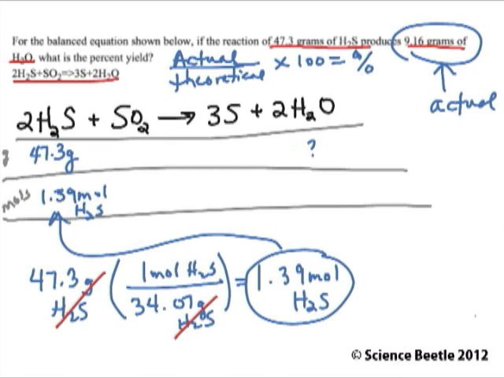Now, since we start here, we have to keep in mind that we start with a coefficient of 2, so we need to divide everything by 2. I'm going to divide this by 2. And since I'm trying to find water, on the right-hand side, I'm going to divide that by 2 as well. Okay? And now what we do is we take the 1.39, multiply it times 2, and then divide it by 2.